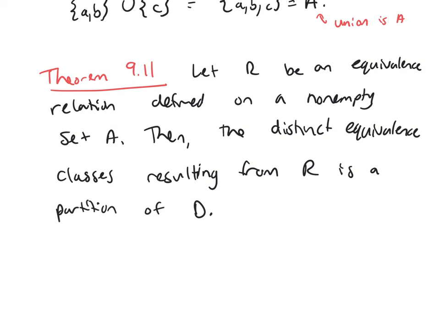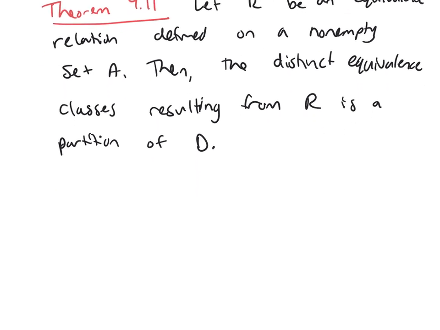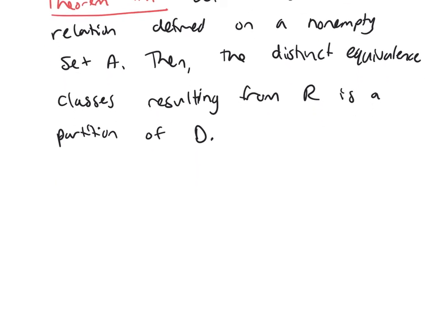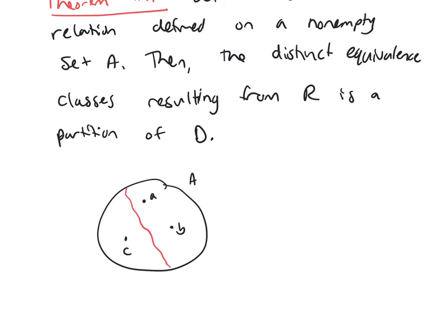So essentially what your equivalence relation is doing, it's taking your set and partitioning it into subsets. If you think about our earlier example, our set A had the elements A, B, and C in it, and what it did is it broke up my set into two subsets.